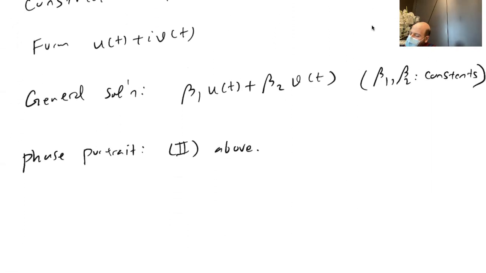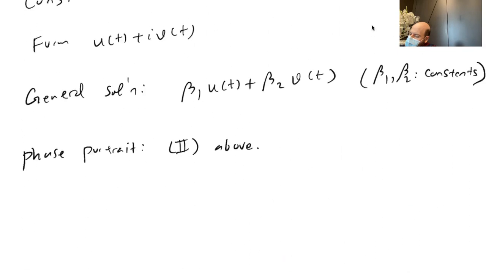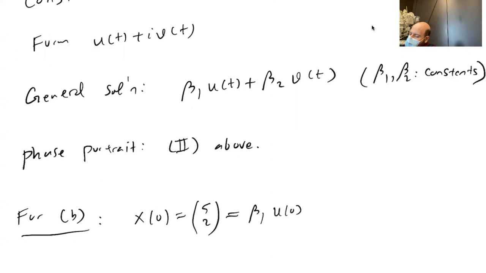So for part B, x of 0 is equal to 5 and 2, which is beta 1 u of 0 plus beta 2 v of 0.